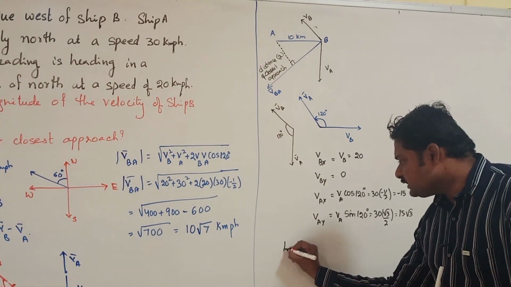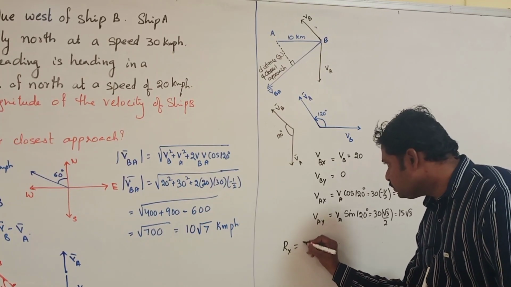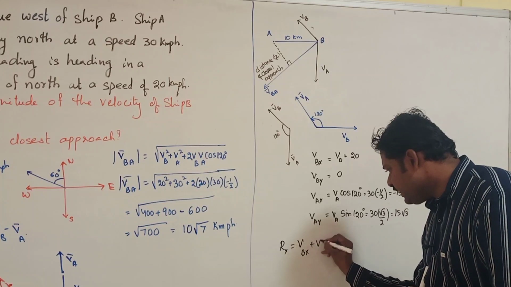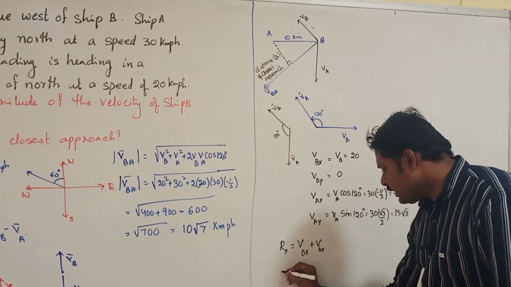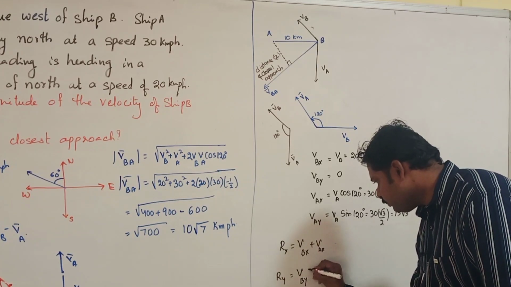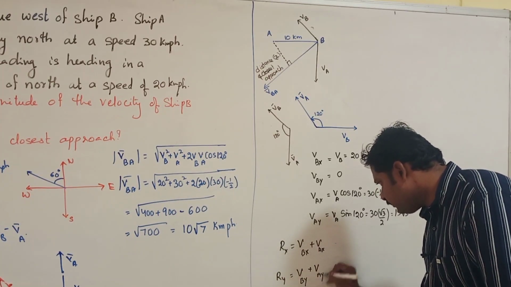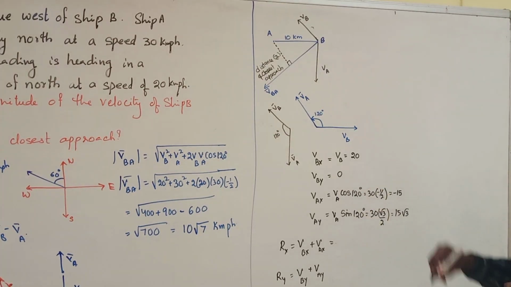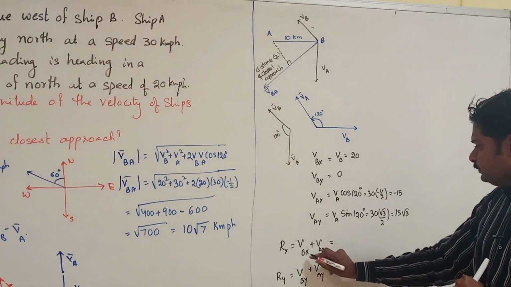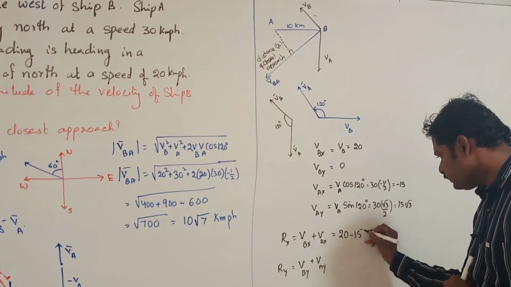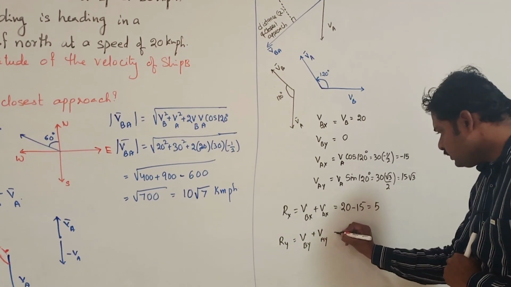Now Rx, the resultant of the x components, is VBX plus VAX. Ry is VBY plus VAY. From the values, 20 minus 15 is 5.